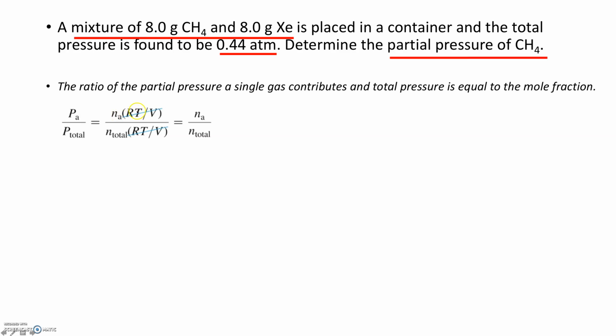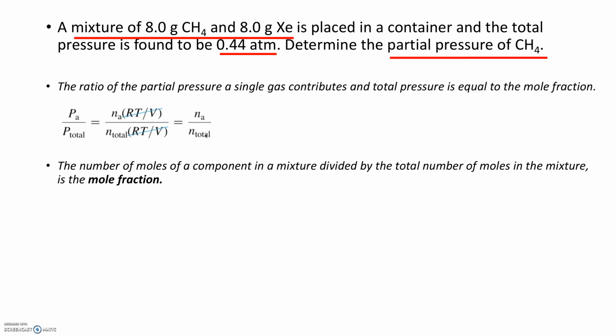So we see nRT divided by V. The subscript A means the component, the partial pressure that I'm looking for, over the total. So this is a ratio, part over whole. Well, when we cancel out the RT over V, basically the ratio of partial pressure over total pressure is equal to the ratio of partial moles over total moles. And that is the mole fraction.